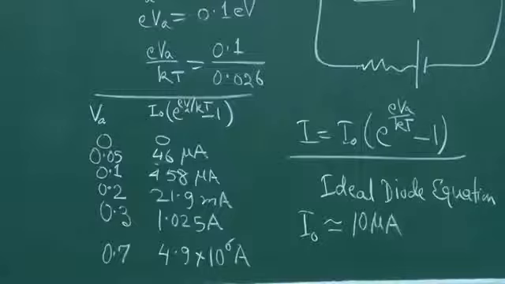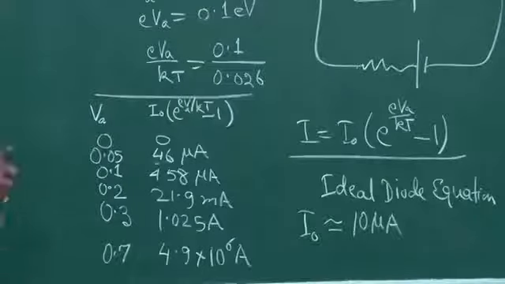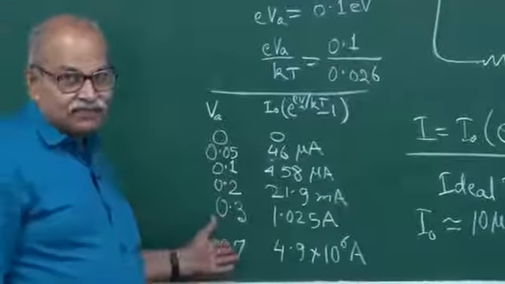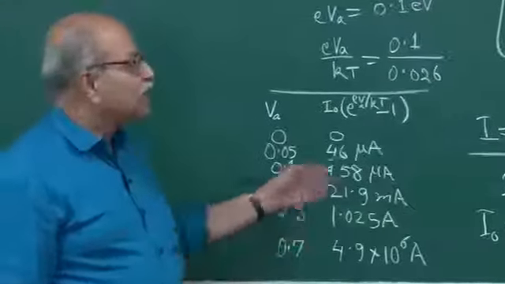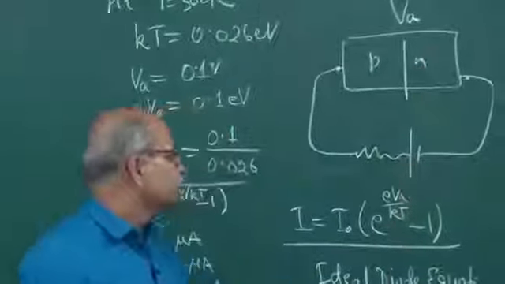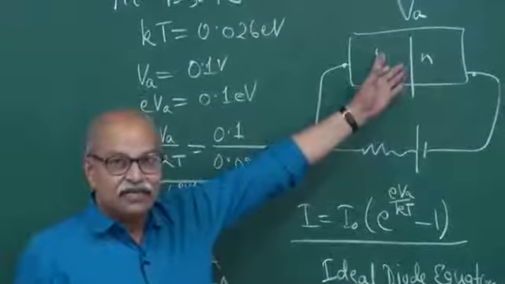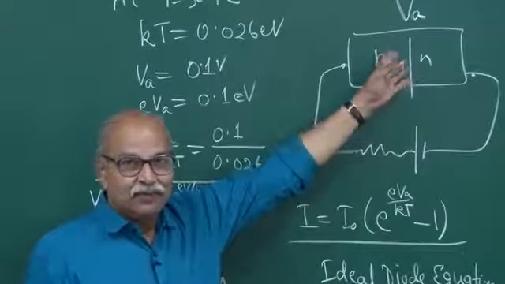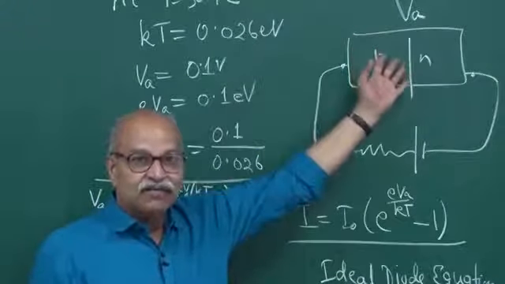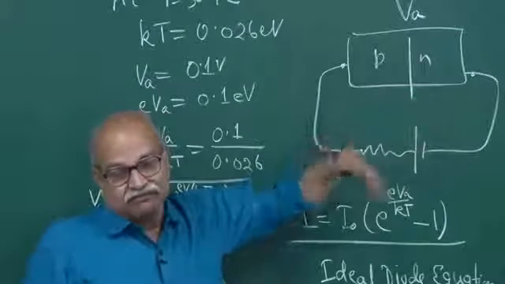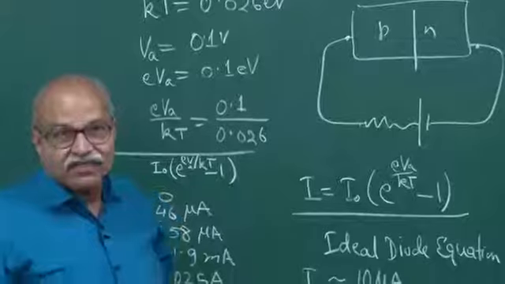So, this gives you a feel that you cannot apply large voltages here. The diode manufacturer will tell how much current it can sustain. If you send more current than that allowed limit, then this whole diode will be destroyed.